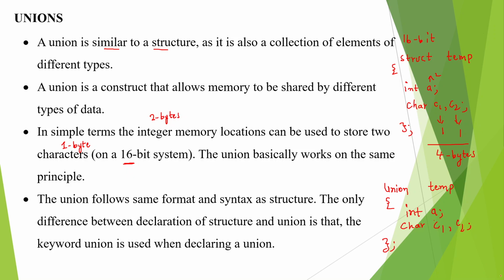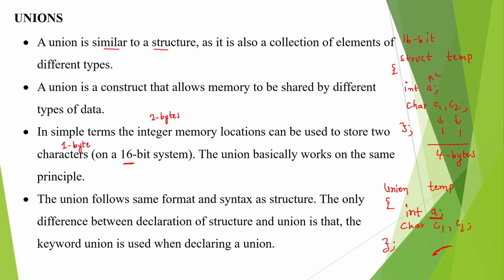So in this case, between character and integer, which one has the highest memory consumption? Integer. We said it is a 16-bit compiler, so it will consume 2 bytes to store this A. And to store the character, how many bytes?